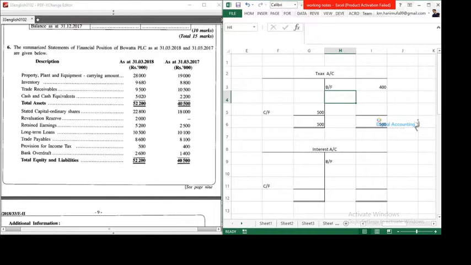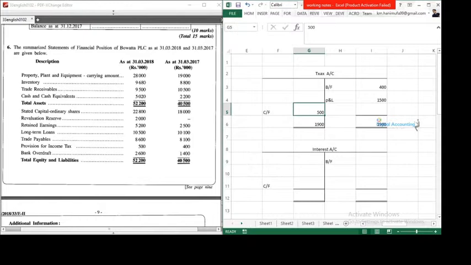This is already a P&L question. The P&L value is 1,500. Add back this 1,500 from the credit side, and you can get the value 1,900. This is the carried forward.